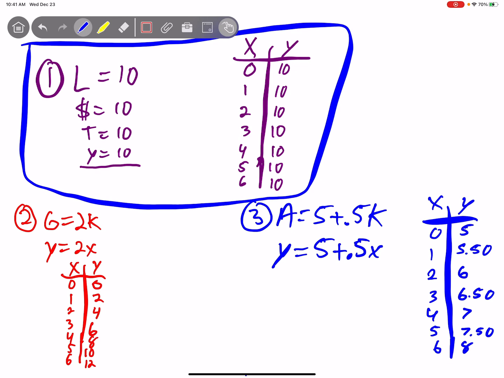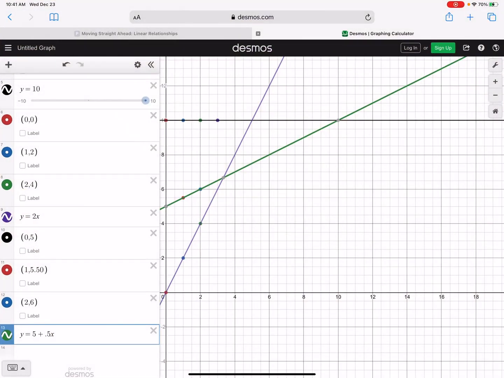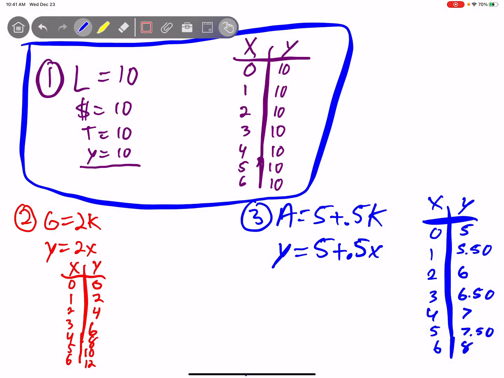What if I asked you, at what point are Alana and Gilberto going to make the same amount of money? Or when are Leanne and Alana going to make the same amount of money? Or when are Gilberto and Leanne going to make the same amount of money? You should be able to solve these all regardless.